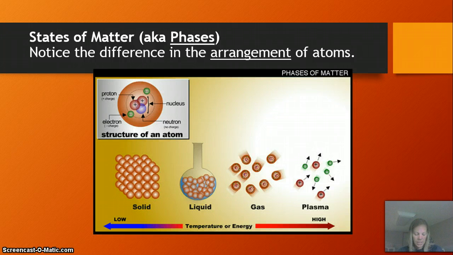So we mentioned that the state of matter in its natural form is a property of elements, but also how it can change between states of matter is also some of its property: its freezing point, melting point, and boiling point. So here, this screen, I love this diagram because it does incorporate thermal energy.